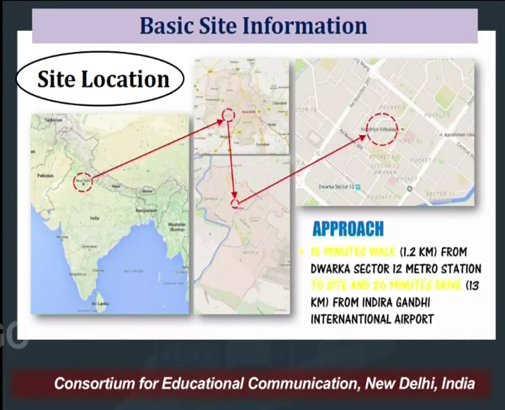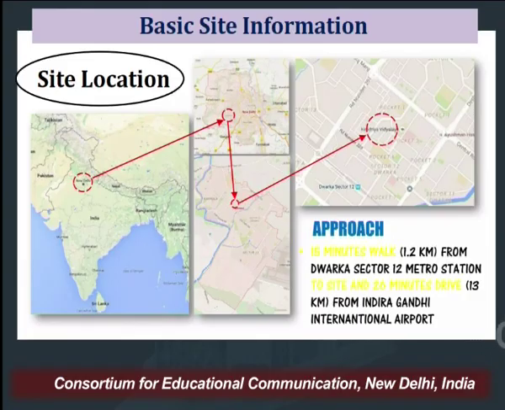Site location is basically where the site is located, that means the address of the site. If a site is located in India, you will show India. In India, if it is located in Delhi, you will show Delhi. In Delhi, where exactly the site is located is marked, and in Delhi there are many districts, so the district where that site is present is shown in the site location.